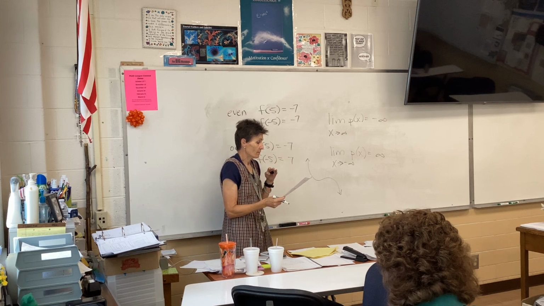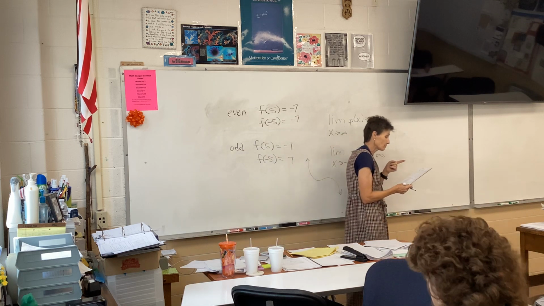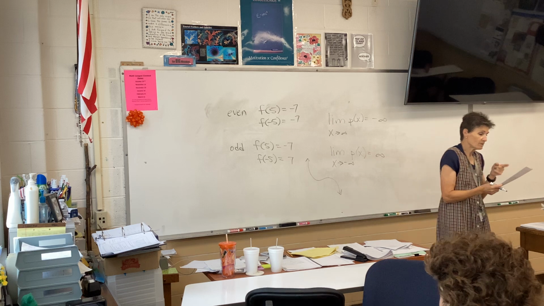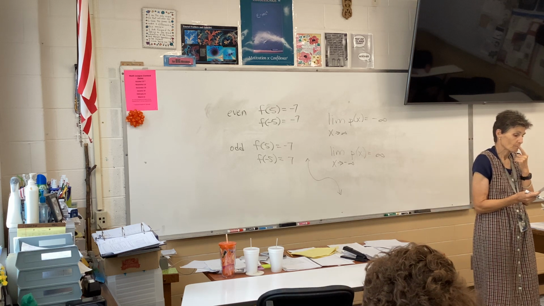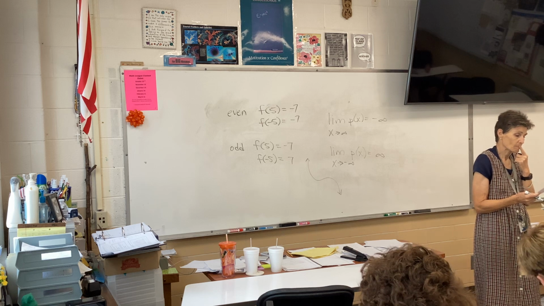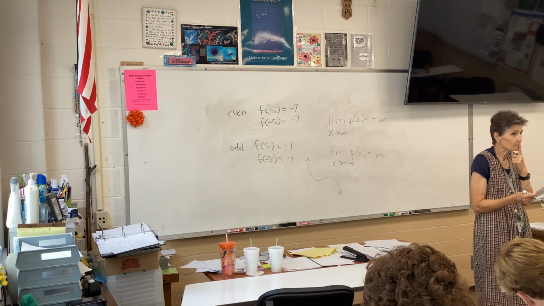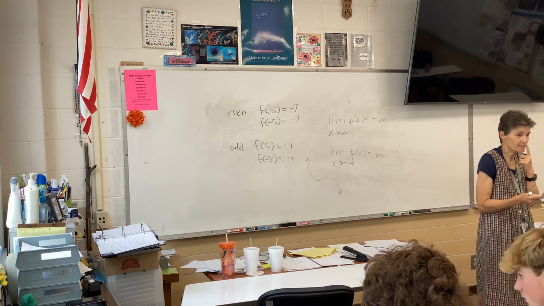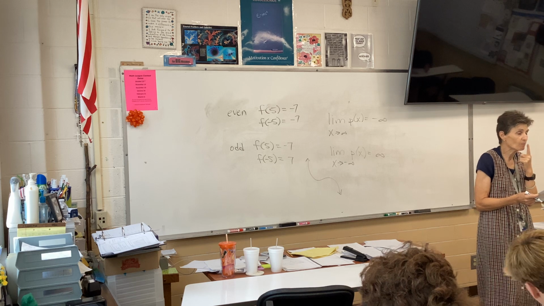Let's do one more in there. How about 6? 6 is a polynomial. What would be the degree of that polynomial? I've heard 5, 4, and 6. Now I heard another 4.